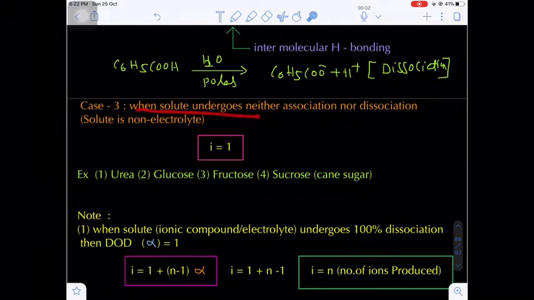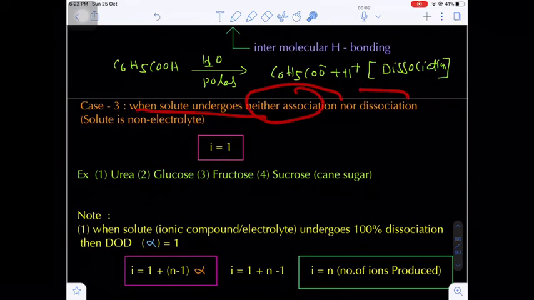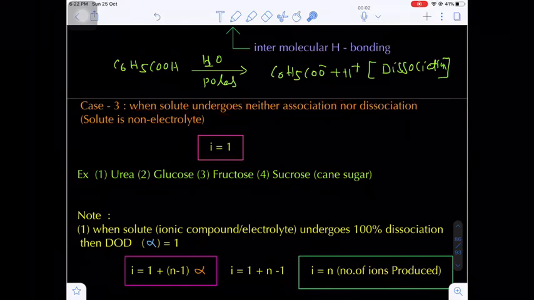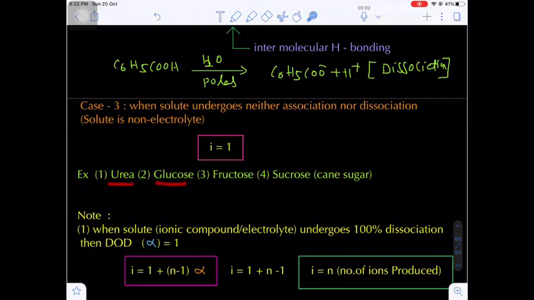Now case 3, when the solute undergoes neither association nor dissociation, then what happens? The iota value is always taken as unity. This is the case for non-electrolytes which do not undergo ionization, for example aqueous solution of urea, glucose. Do you know the molecular formula of urea? That will be CONH2 taken twice.